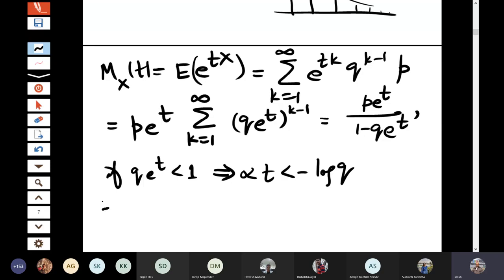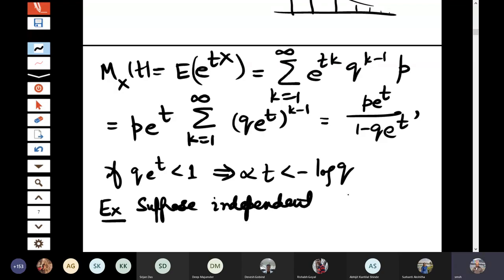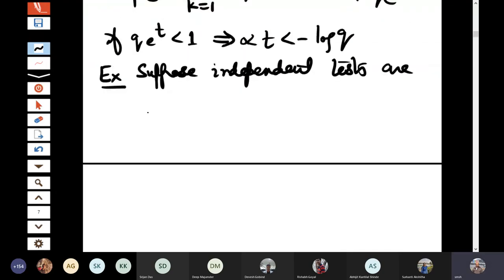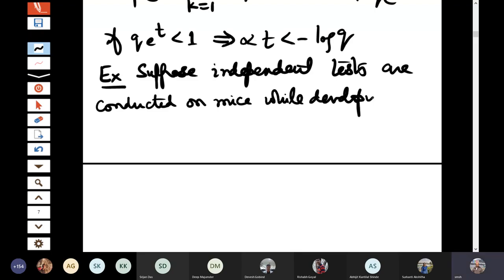Let me give one exercise here. Suppose independent tests are conducted on mice while developing a vaccine.